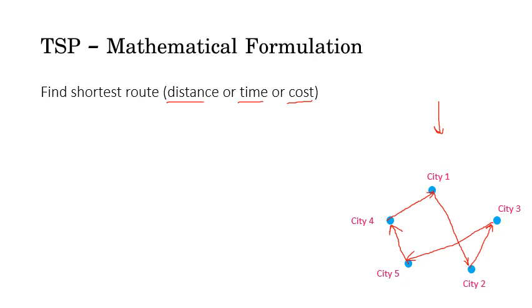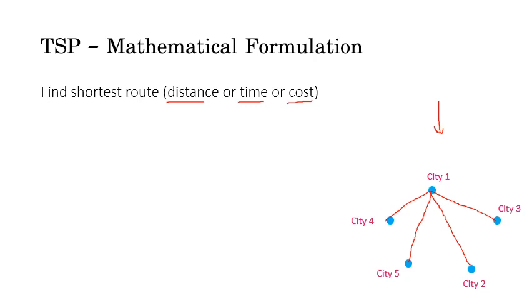Okay. In traveling salesman problem, we assume that every city is connected to every other city. Okay. So if I want to draw a network showing that every city is connected to every other city, it would look like this. So city 1 is connected to city 3, city 2, city 5 and city 4.